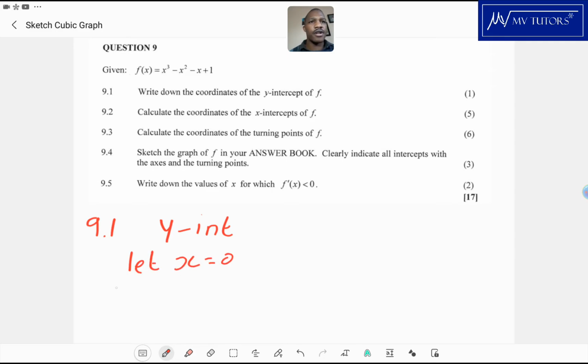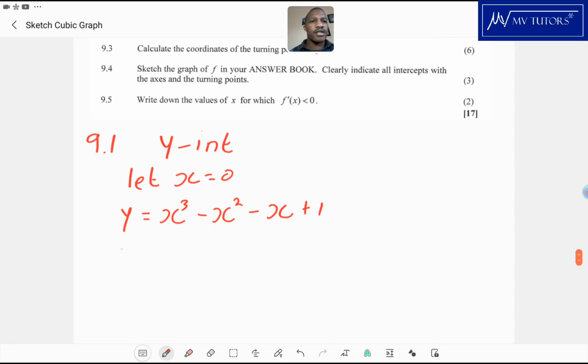So you take the function, y is equal to x cubed minus x squared minus x plus 1. If you let x equal 0, you're going to have 0 minus 0 minus 0 plus 1. So y is equal to 1.